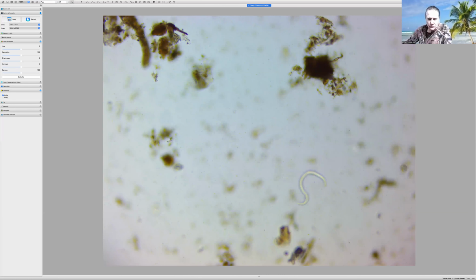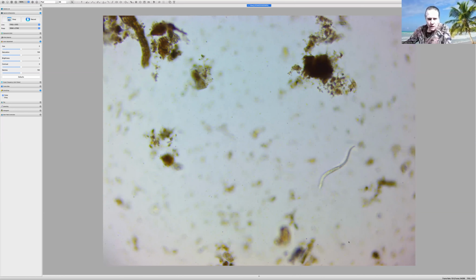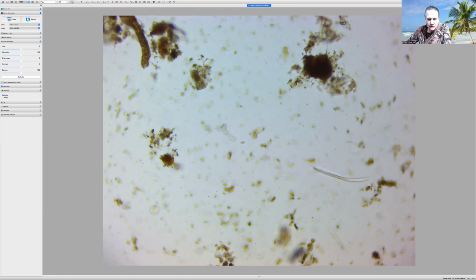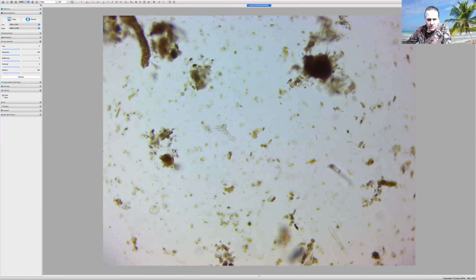Okay, so you see we have a lot more ciliate action going on than what I've had in the past several days. Before, we had really good flagellate numbers.